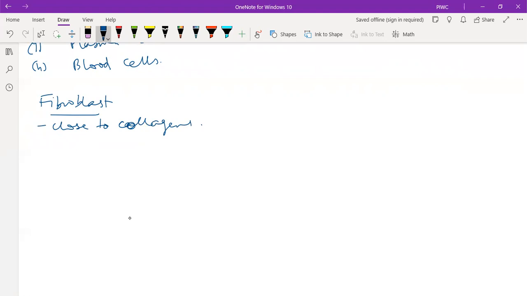So if you take a fibroblast, you have a large oval nucleus.